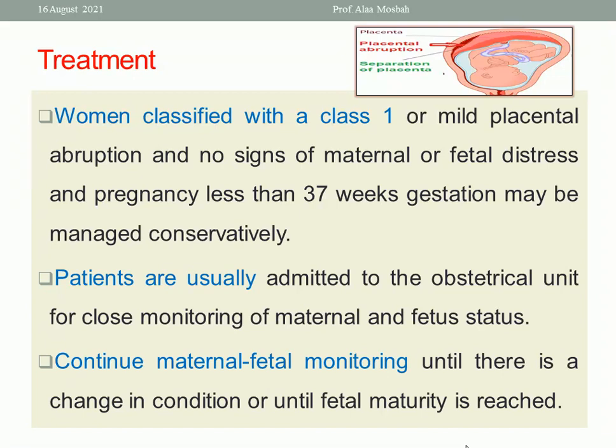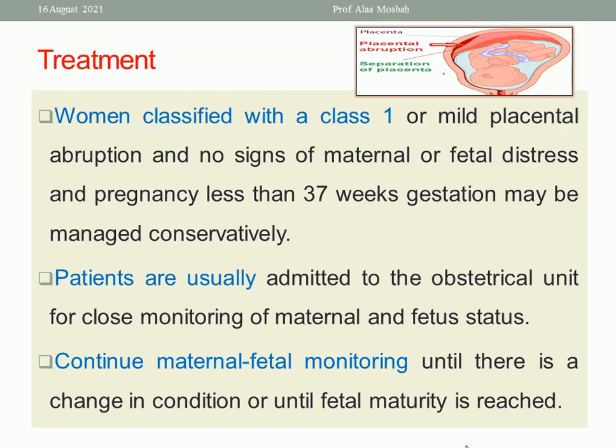So what about treatment? As regards class 1 or mild placental abruption, with no signs of maternal or fetal distress and pregnancy less than 37 weeks, so the baby is still premature, it may be managed conservatively in the hospital under observation.